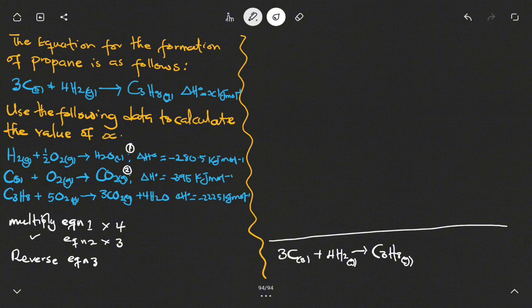So when we do all of this, what are we going to have? The first one, we are multiplying equation 1 by 4.